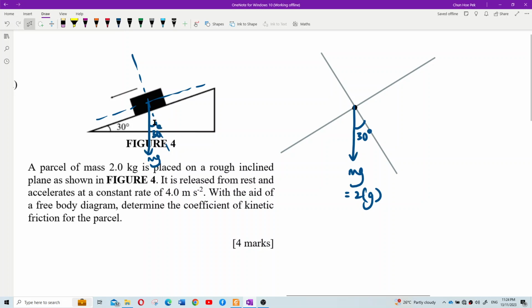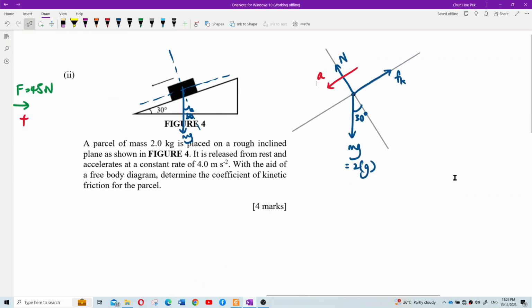Then you have the normal force. Released from rest means it has the friction going behind, kinetic friction. Accelerating from rest means going down, acceleration like that.